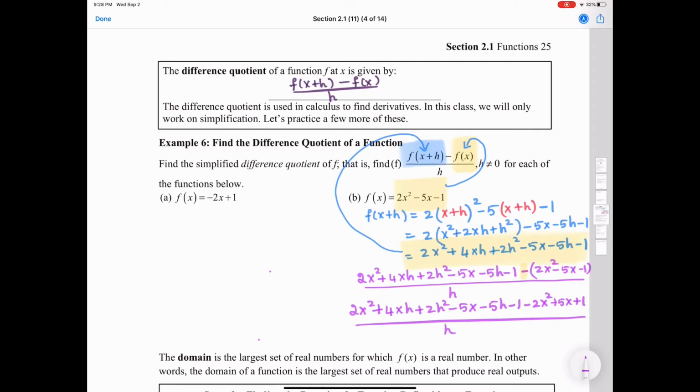Now I'm looking for simplification. There's a negative 1 and a positive 1 which can get eliminated. A positive 5x and a negative 5x can disappear, and a negative 2x squared and a positive 2x squared can disappear.